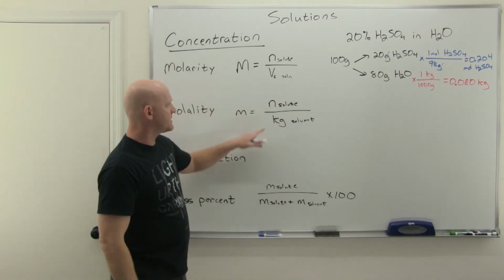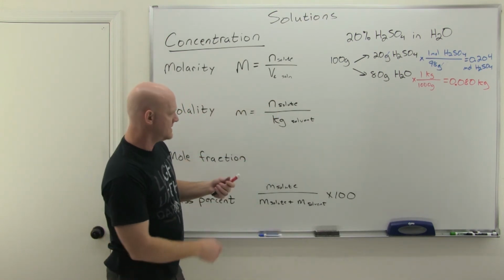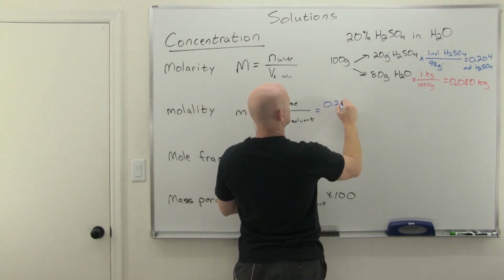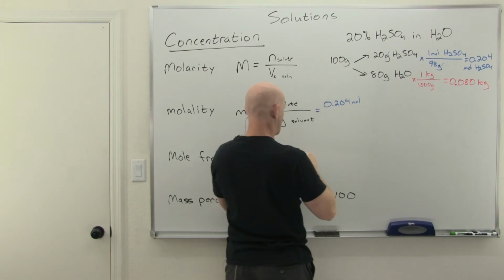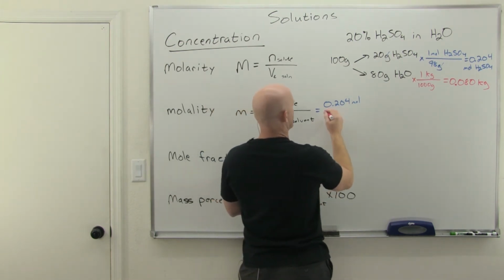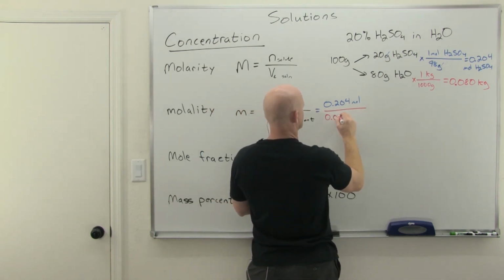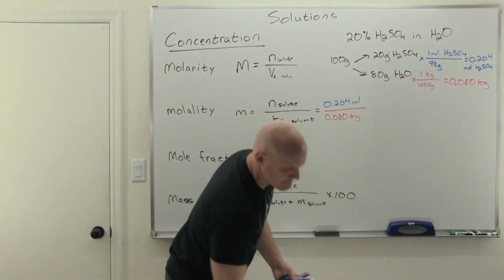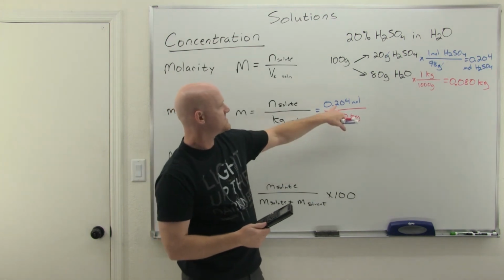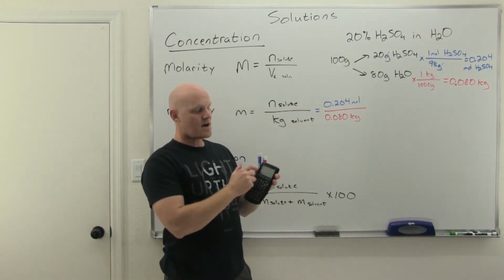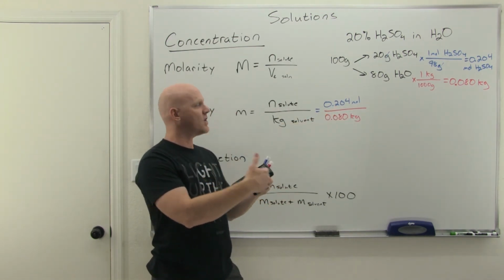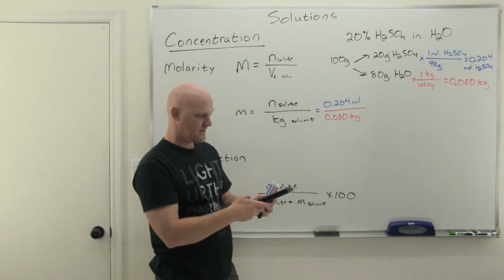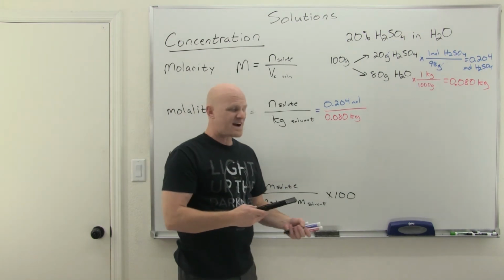If we come back over here to our calculation for molality, we take our 0.204 moles and divide that by our 0.080 kilograms. I've got 0.204 here, but I'm letting the previous calculation with all its decimal places ride all the way to the end. So I'm going to divide this by 0.08 and get 2.55.